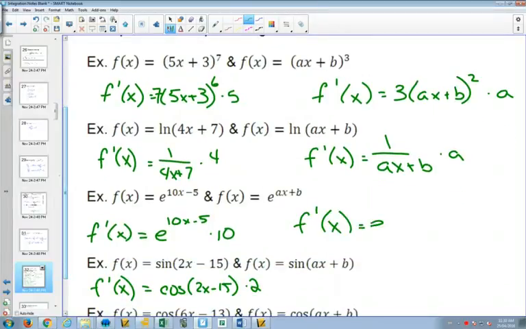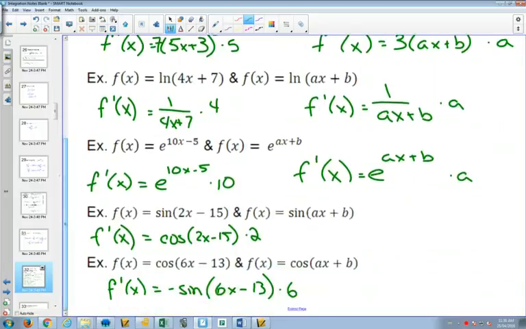Do our derivative like normal, then have to multiply by a. And so on and so forth.